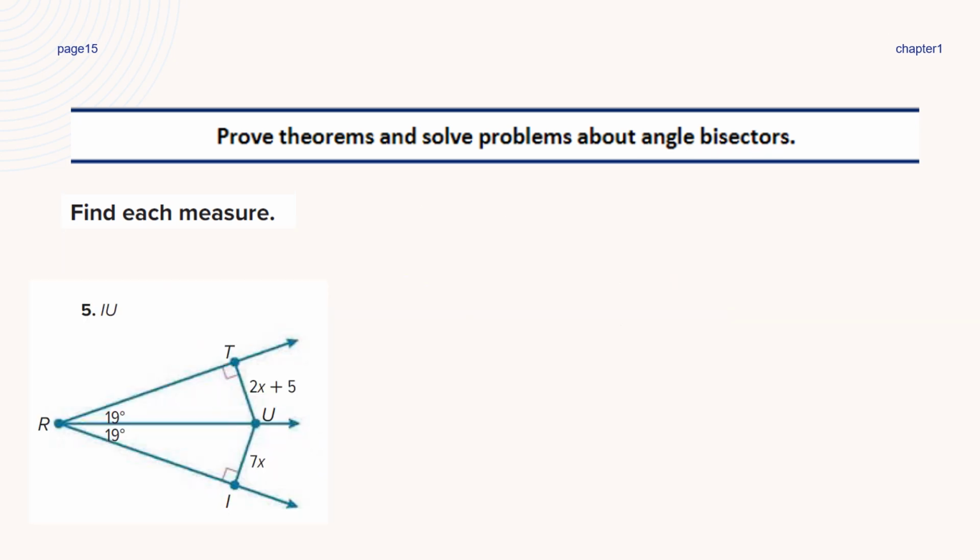Another one on angle bisector. Since you know this angle is 19, this angle is 19, so RU becomes the angle bisector of angle TRI. And when this is the angle bisector, then the perpendiculars dropped from the angle bisector to the opposite side are of equal length.